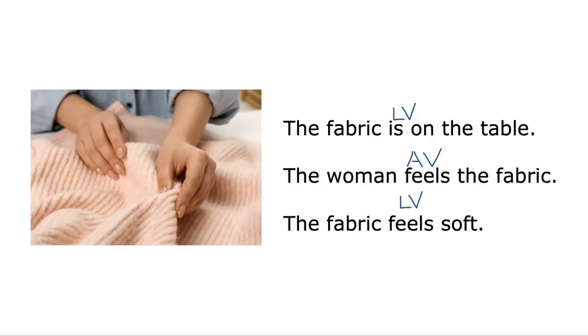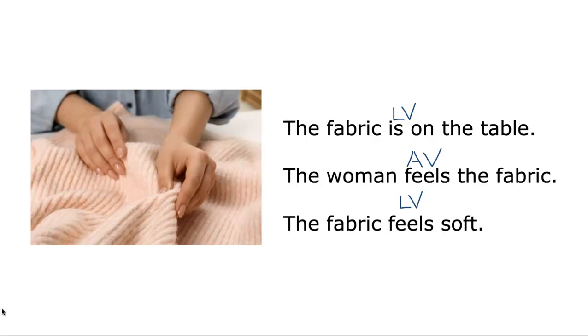In the first sentence, is is a linking verb. The verb to be is always a linking verb. In the second sentence, feels is an action verb because the woman is doing something. In the last sentence, we have the verb feels again. How do we know that this time feels is a linking verb?